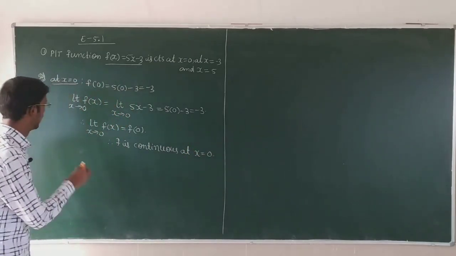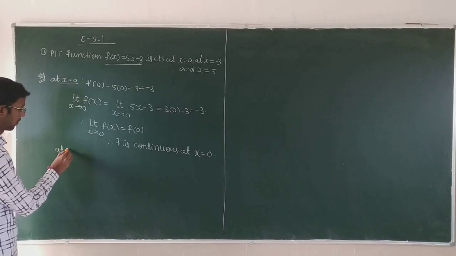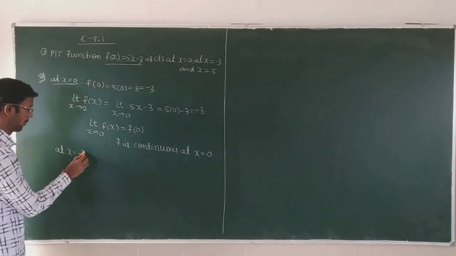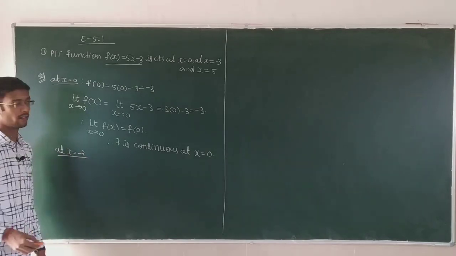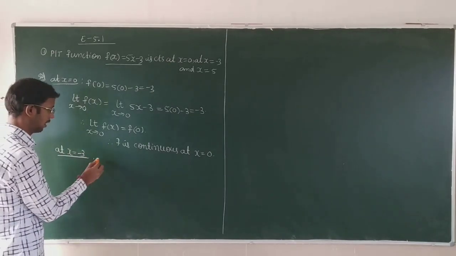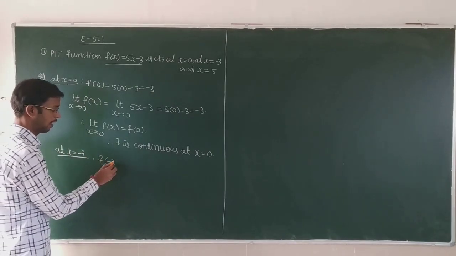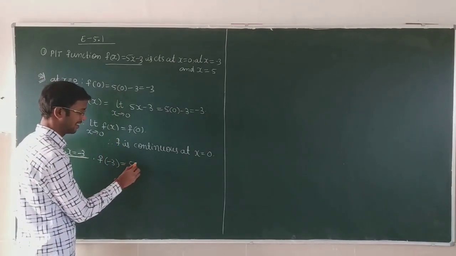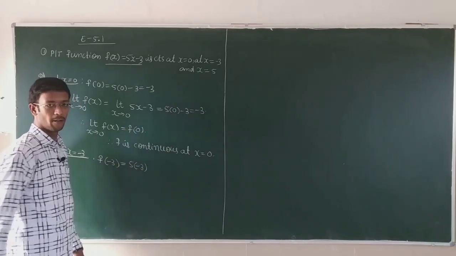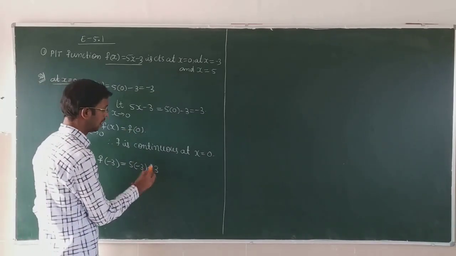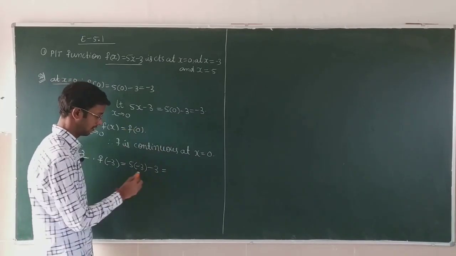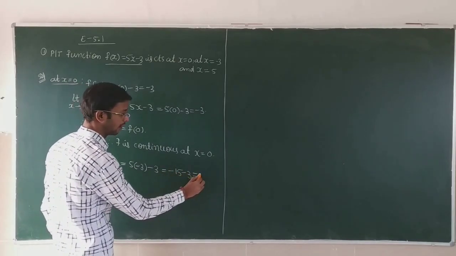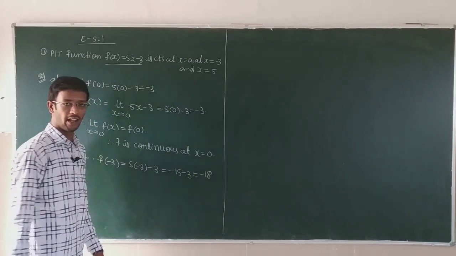Next, at x equal to minus 3. First you have to find f of minus 3. In place of x we substitute minus 3, and 5 times minus 3 is minus 15, so minus 15 minus 3, that is minus 18.